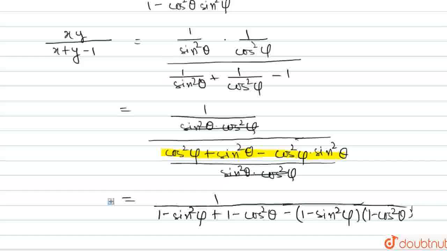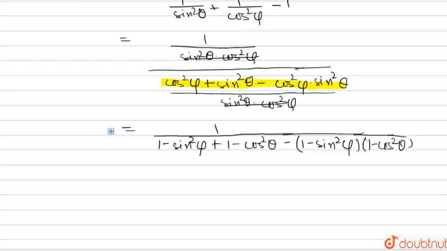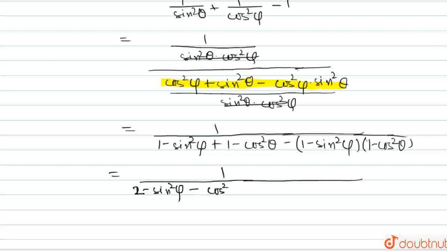When we multiply these terms in the denominator and solve, we will get 1 minus sin square phi plus 1 minus cos square theta minus 1 plus sin square phi plus cos square theta minus sin square phi into cos square theta.